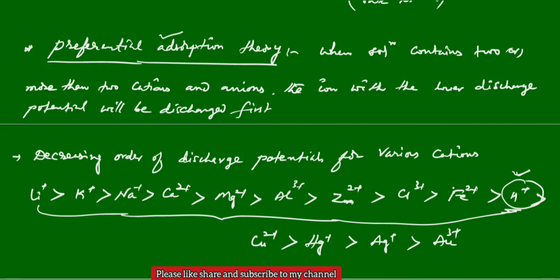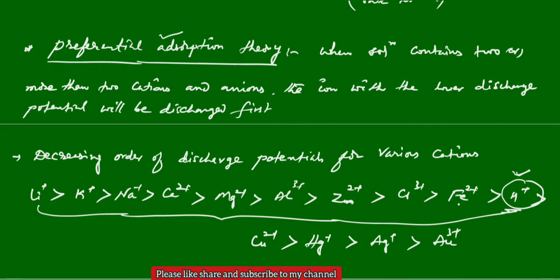Or according to the electrochemical series, we can say that hydrogen has a higher reduction potential value, that is 0. But the remaining s-block ions have negative reduction potential values, so less reduction potential compared to hydrogen.